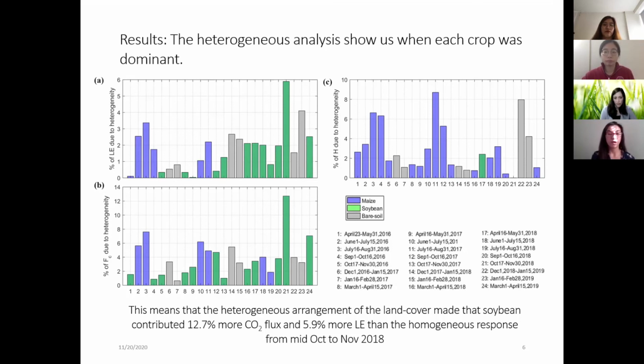So in terms of sensible, if you see on the right-hand side of your screen now for the sensible heat flux, everything almost is blue. So that means that corn fields always contributed more than soybean fields towards sensible heat flux.